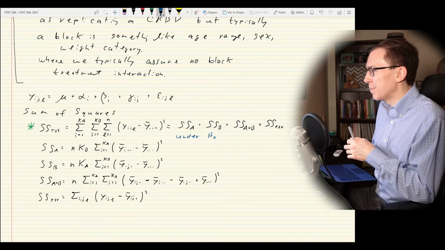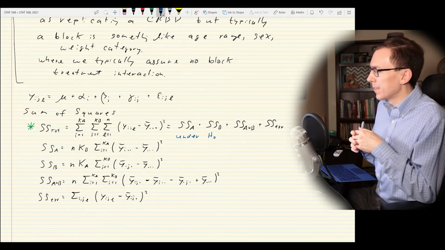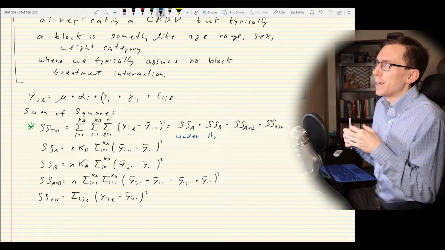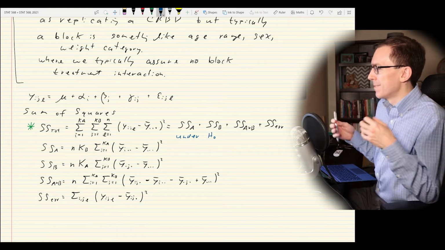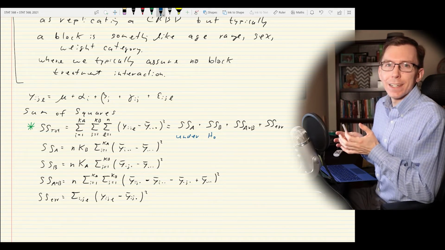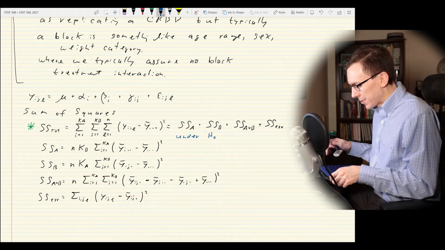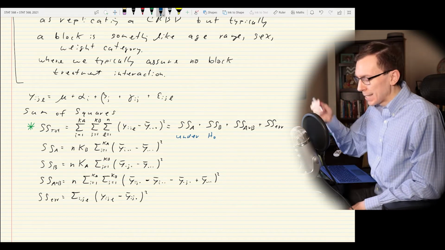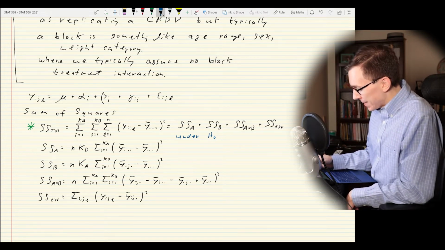And for the interaction, it would be that none of the interaction terms are different from any others, which, if we assume the sum to 0 constraint, just means that none of the interaction terms are different than 0, again assuming sum to 0 as our constraint to make this mathematically make sense.